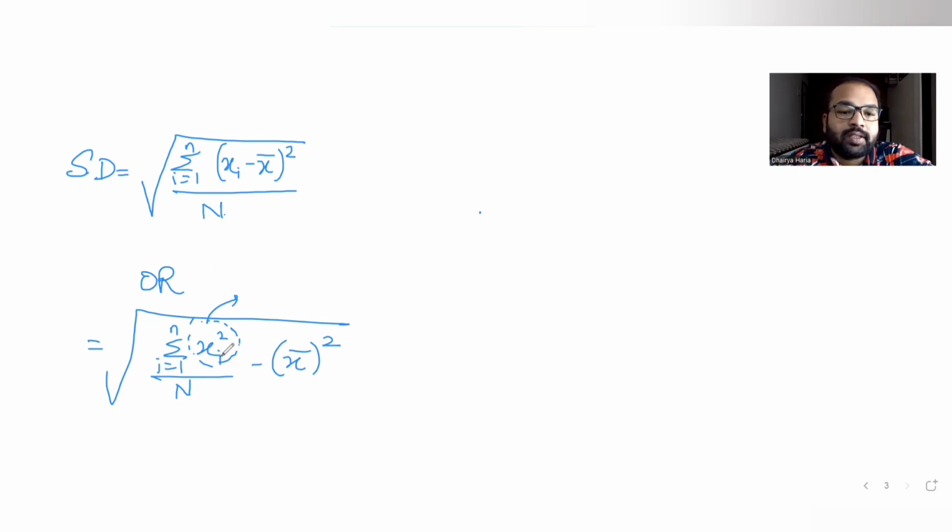So if I talk about xi square, it is nothing but the sum of all the terms of xi square, that is, all the observations' squares. So for example, if I have, let's say, 1 2 3 4 5, I will square all of these observations. So summation i equals 1 to n. If I want to make you understand this xi square, it's nothing but the sum of all the squares of the terms.